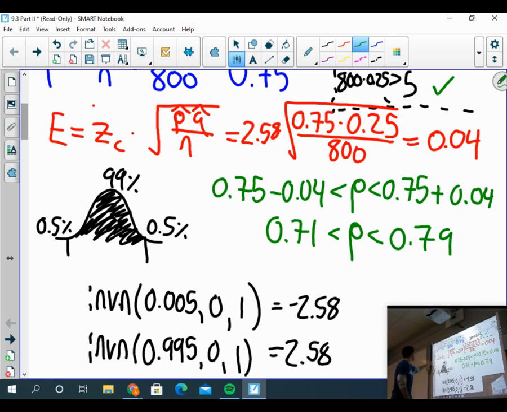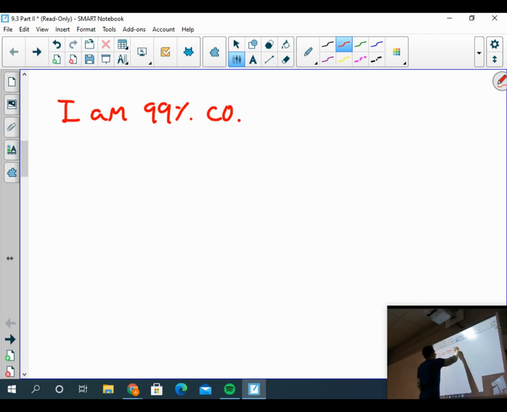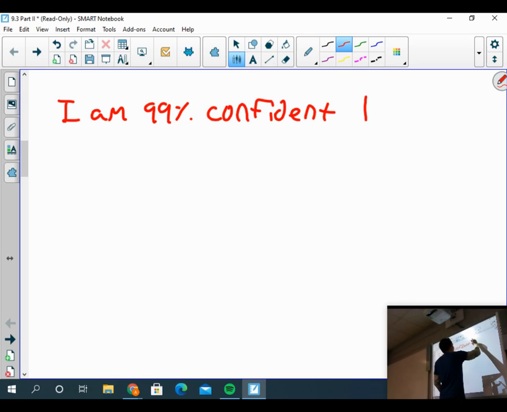Now, what would this mean in the context of our problem? Well, we always have 3 parts to our explanation. Number 1, we're going to state the level of confidence. I am 99% confident. Now we're going to talk about our interval, which is based on a specific sample. We could have gotten a slightly different interval if we got a different sample of the same size.